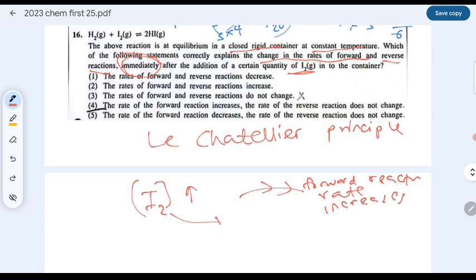Therefore, the answer is what? The answer is the fourth answer. Answer is 4. The rate of the forward reaction increases. Yes, forward reaction increases. And the rate of the reverse reaction does not change. Right? Because they are asking the immediate change now. So the immediate change is the forward reaction rate increases. So the answer is 4 for the 16th question.